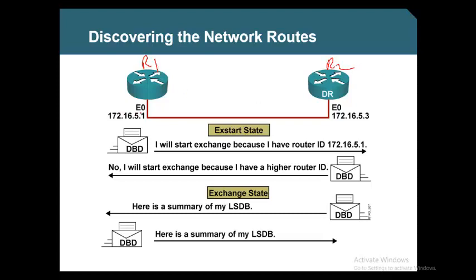Router 1 is trying to say, I'll start the exchange. But router 2, whose router ID is bigger, says, no, I will start the exchange, because my router ID is big. So they come to a conclusion who will initiate the exchange.